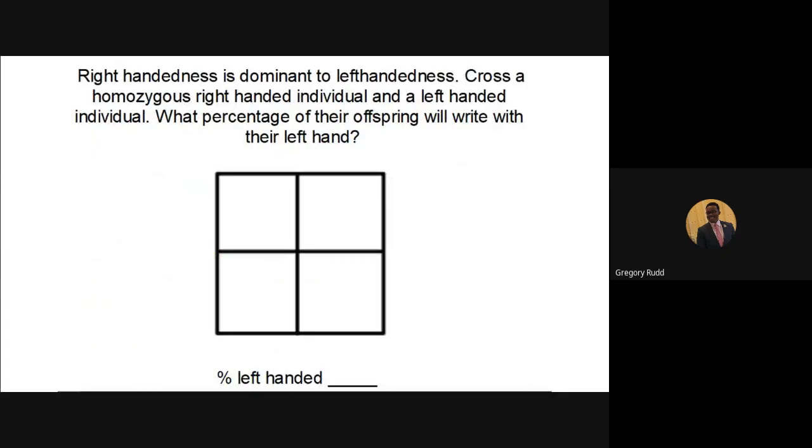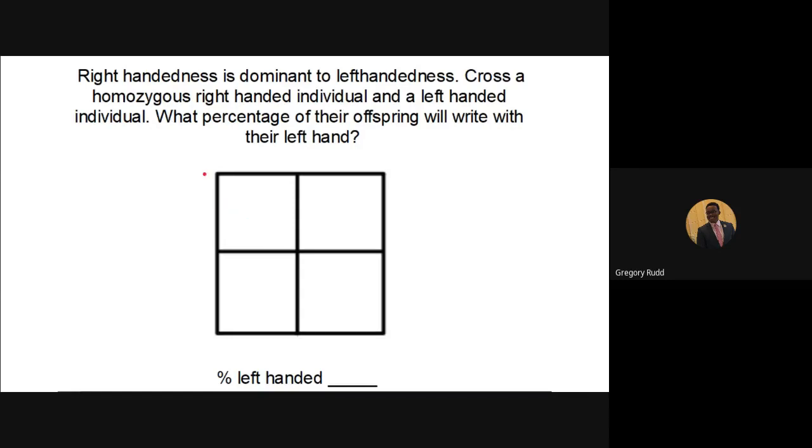Let's try another one. Right-handedness is dominant to left-handedness. Cross, which means to do the Punnett square, a homozygous right-handed individual and a left-handed individual. What percentage of their offspring will write with their left hand?